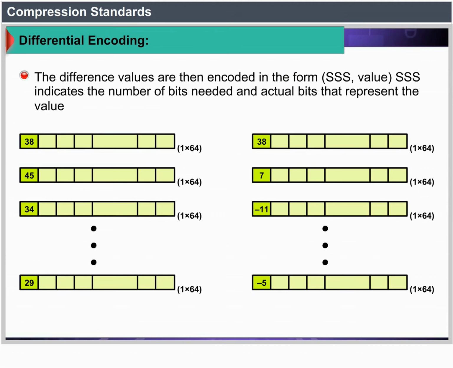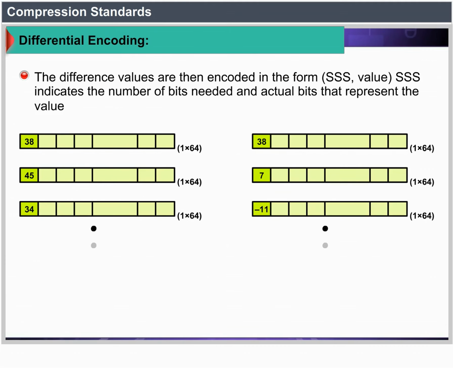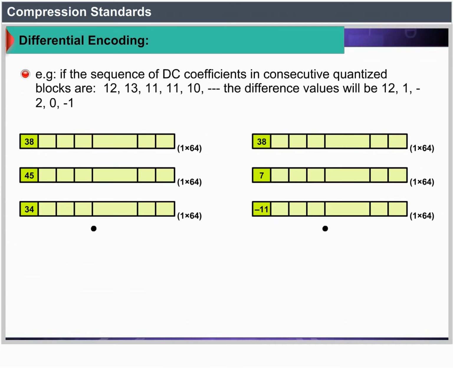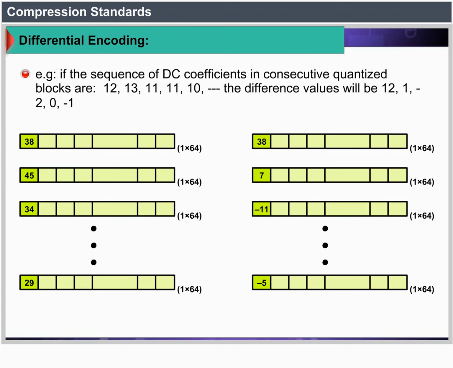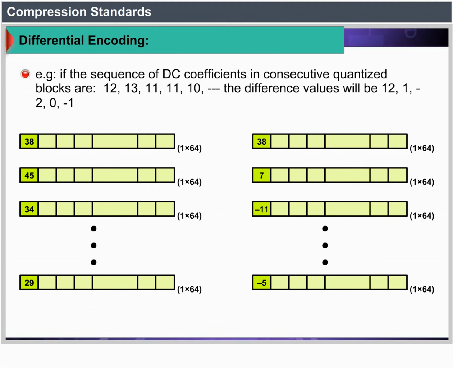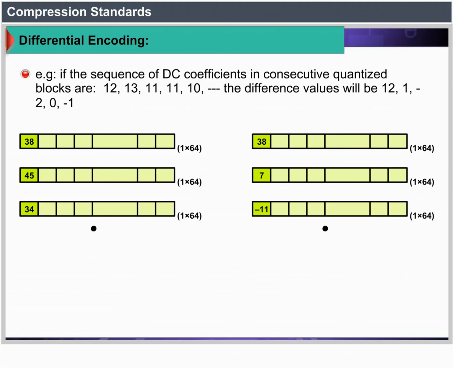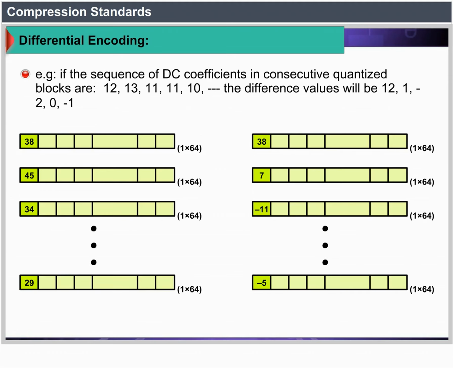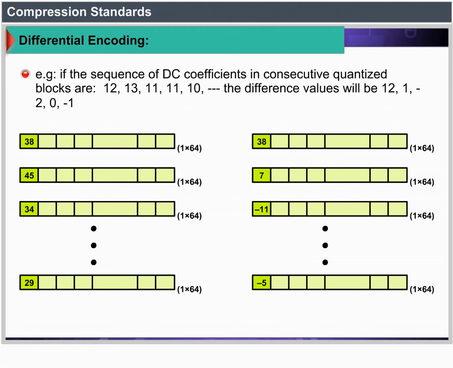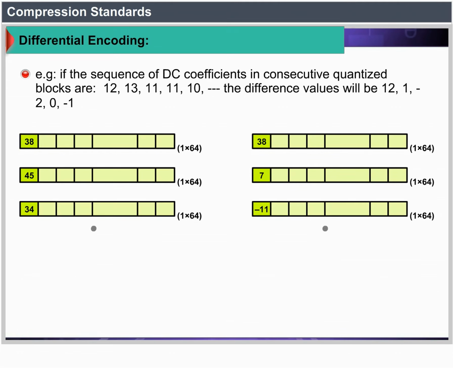SSS indicates the number of bits needed and the actual bits that represent the value. For example, if the sequence of DC coefficients in consecutive quantized blocks were 12, 13, 11, 11, 10, then the difference values will be 12, 1, minus 2, 0, minus 1, and so on.